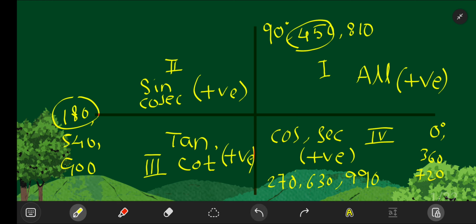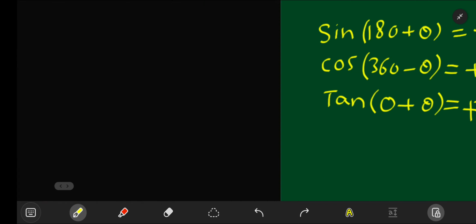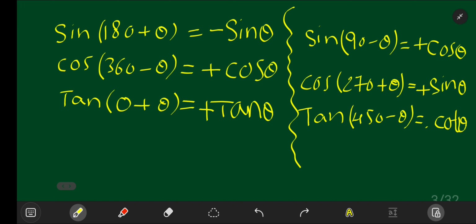That means all are positive in first quadrant. So it is plus cot theta. Understand?